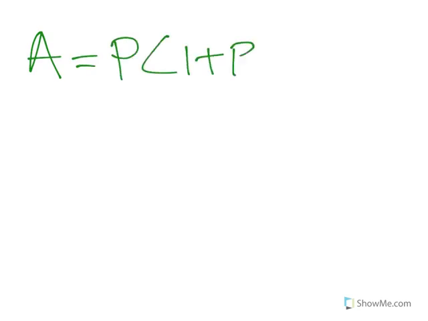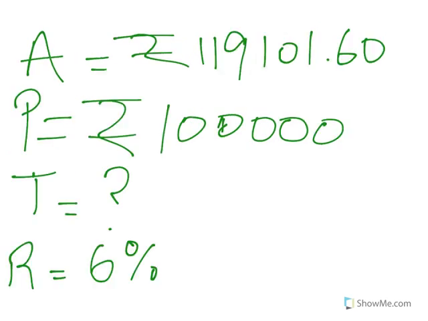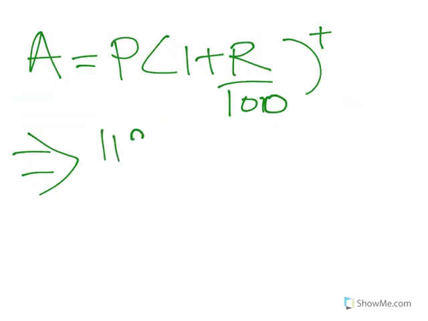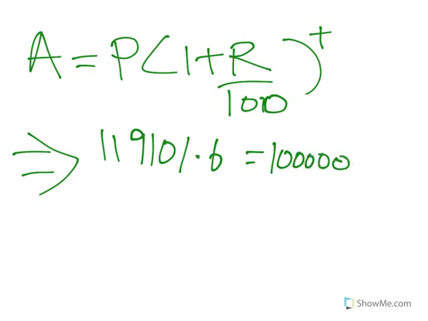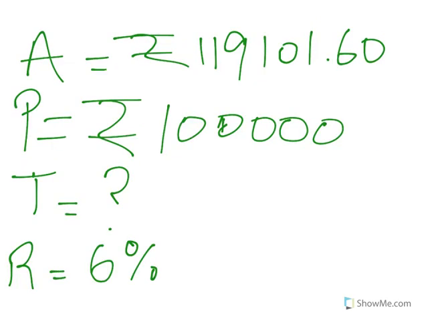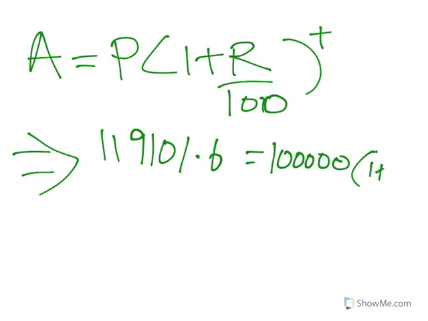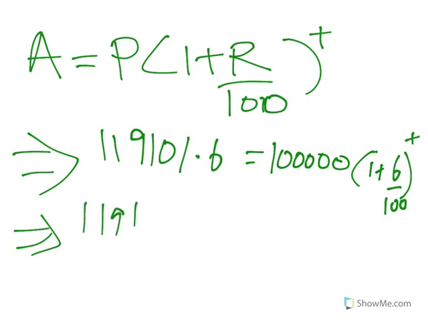I know that A is equal to P, 1 plus R divided by 100, raised to the power of T. So start substituting. 119,101.6 is equal to 100,000, 1 plus 6 by 100, and T we don't know, so I will just leave that up there.